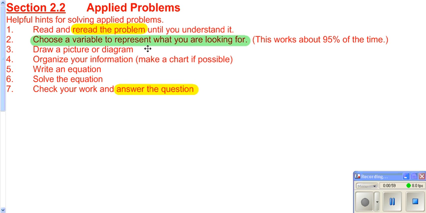If it's a real life situation, draw a diagram or a picture to help you with it. You may want to try to organize your information in a chart. Typically, you can do one of these two, maybe even both, and then you should be able to write your equation, then solve the equation, check your work, and then make sure you're answering the question that was being asked.